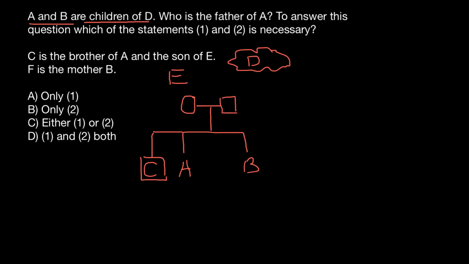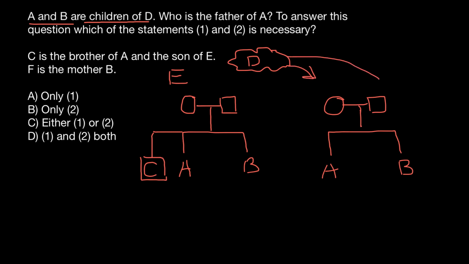Again, A and B are children of D. This is what we know initially. So here are the parents, and D can be either this parent or this parent. We don't know.